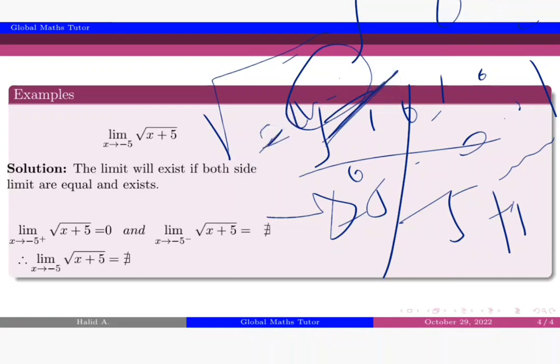The radical of a negative number is undefined. Therefore, from the negative side, the limit does not exist, since the radical of a negative number is undefined.